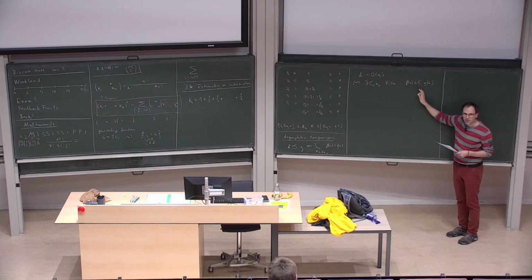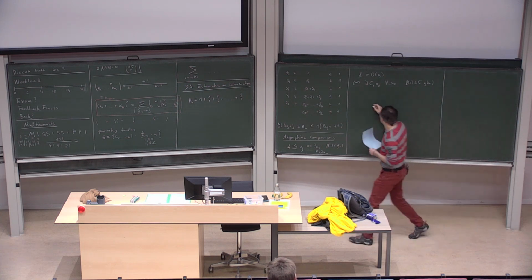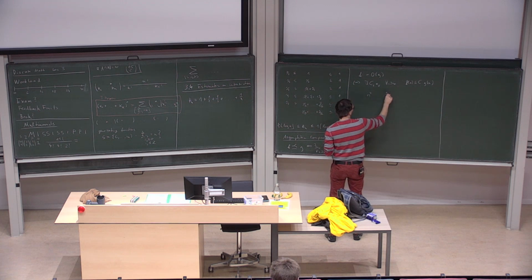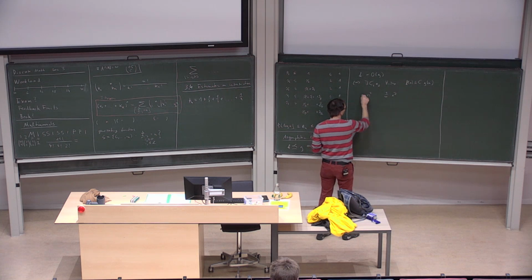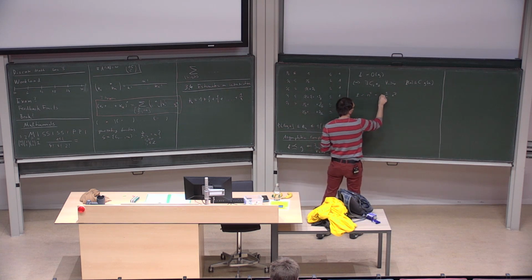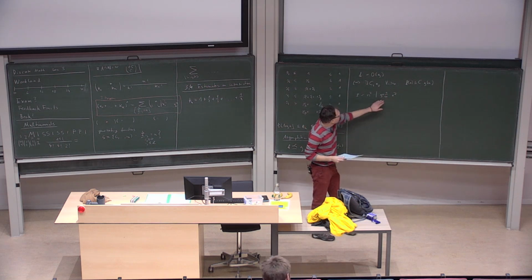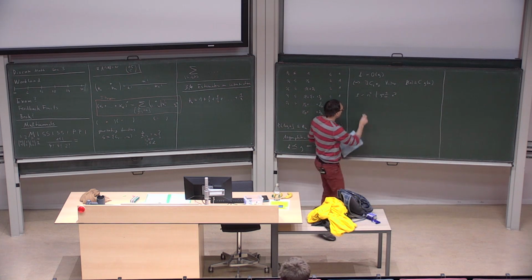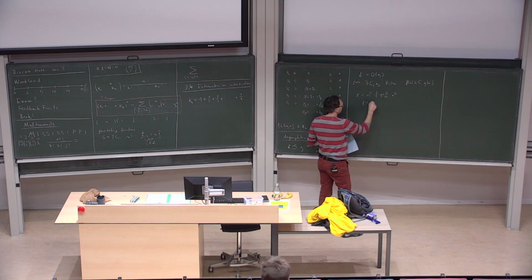So this makes sense. Maybe let me give an example. We can have the function n squared and the function 1 over 10 times n squared. So this is maybe our f, and this is our g. Here we have f equals big O of g.